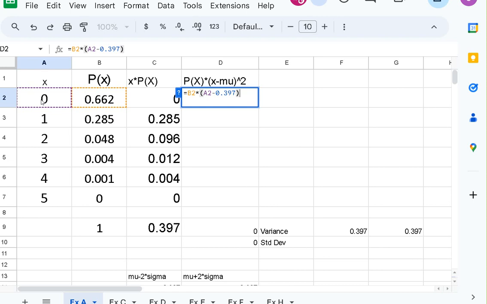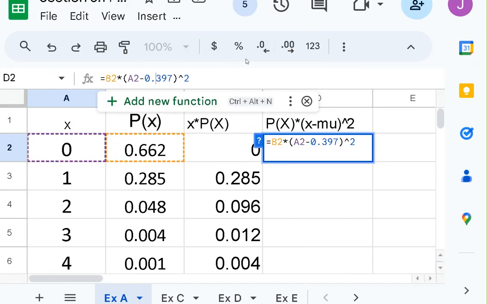But you want to type that in, because that number is going to stay the same throughout this calculation. Then I want it squared. So I need that little up arrow key. Where do you find that up arrow key on your keyboard? Shift 6. So I want that squared like this. So here's what your calculation should look like. And let me zoom in a little bit so you can see it better.